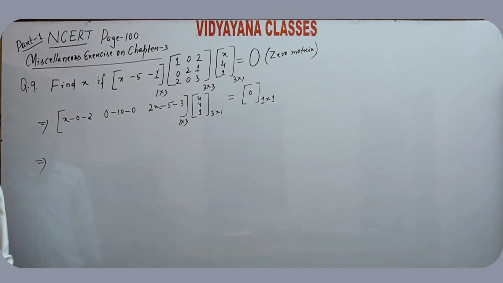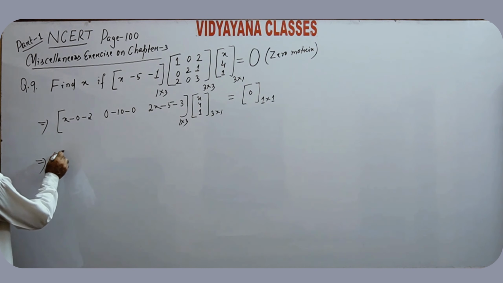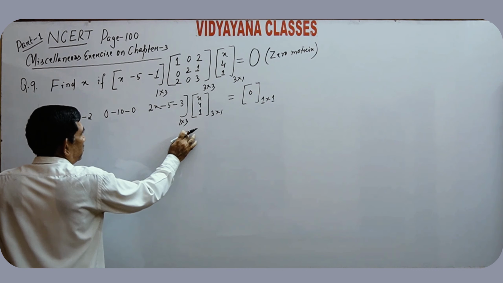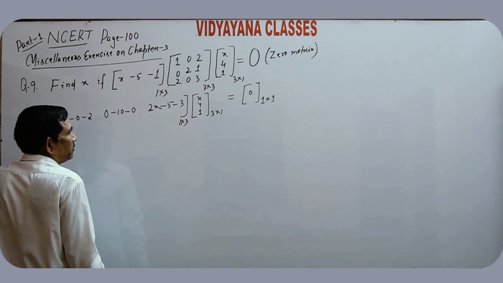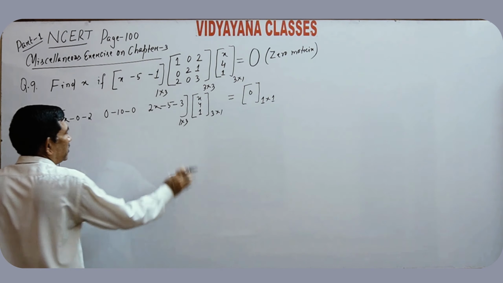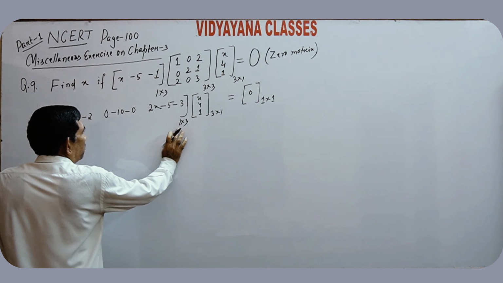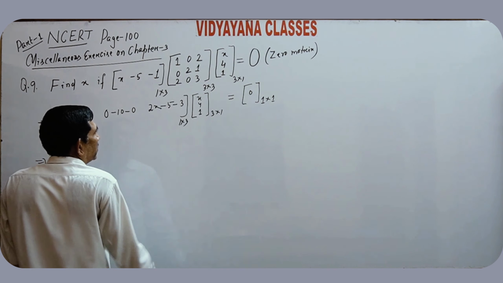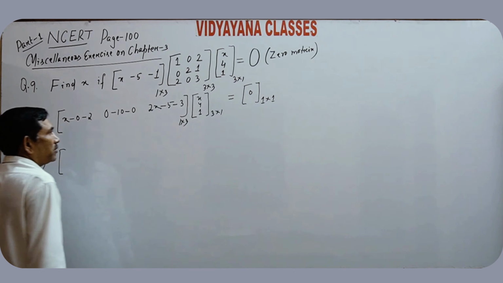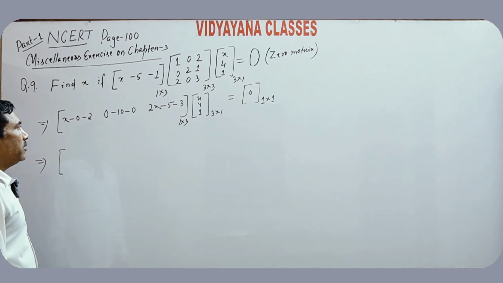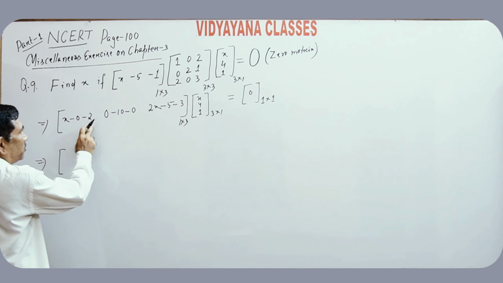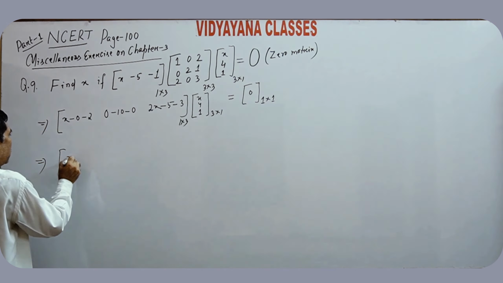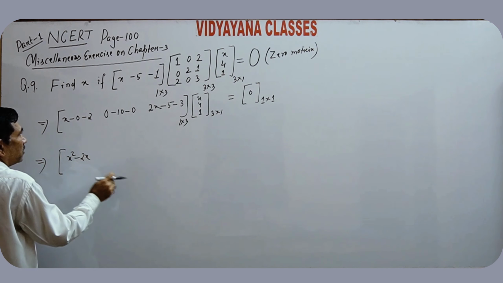Which implies this 1 cross 3, 3 cross 1. The matrix multiplication is defined since the number of columns of the first matrix is equal to number of rows of the second matrix, that is equal to 3. X minus 2 into x, that is x square minus 2x.